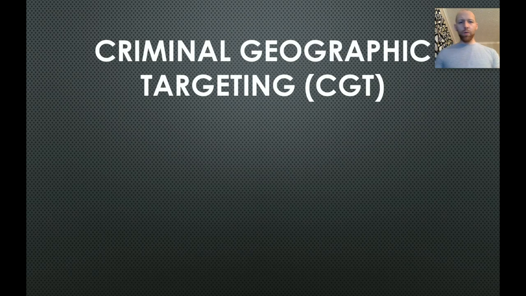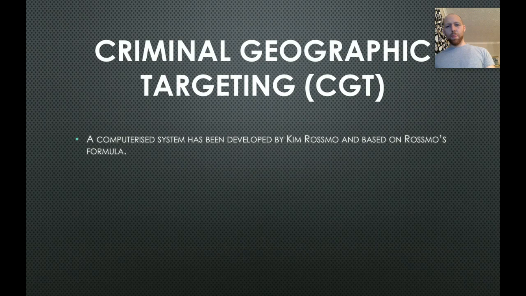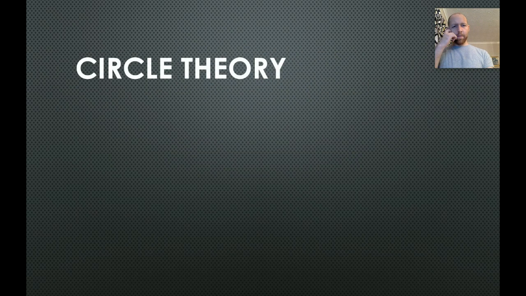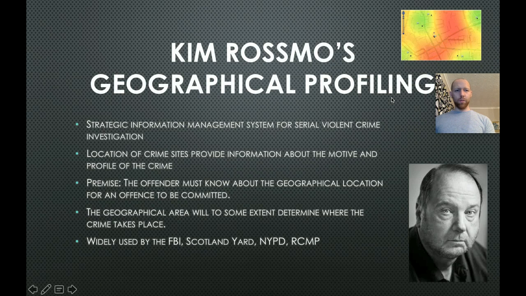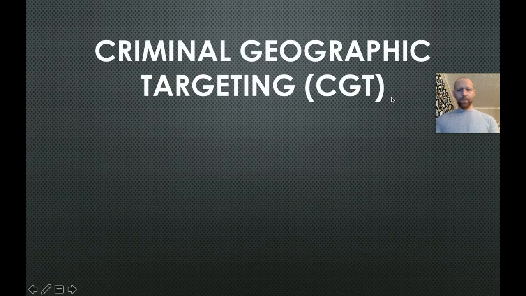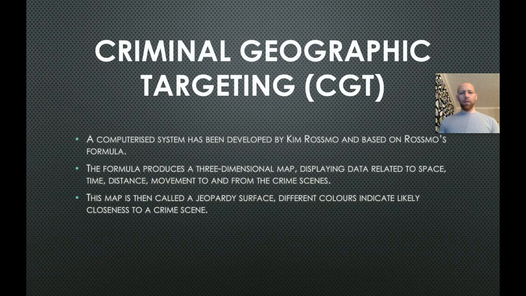The criminal geographic targeting then. This is a computer system developed by Kim Rossmo, and we saw a screenshot of that back here. Sorry, it's hiding behind me. But there's a screenshot. Essentially this is a computer program. The formula produces a 3-dimensional map displaying data related to space, time, distance, movement to and from the crime scene.